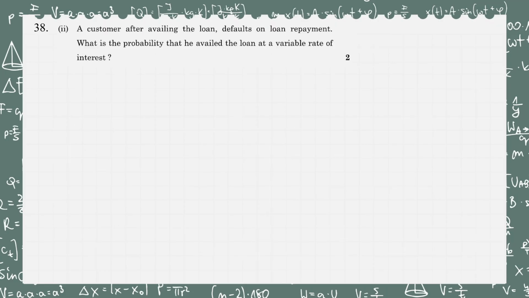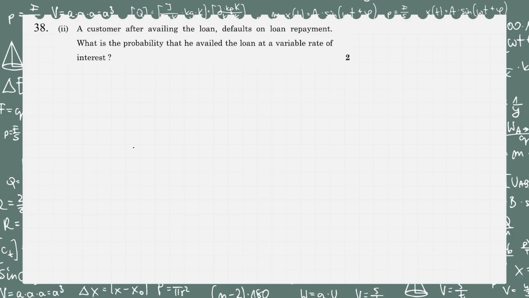Let's move on to the next sum. A customer after availing the loan defaults on loan payment. What is the probability that he availed the loan at a variable rate of interest? So this will be answered using Bayes theorem. This is the reverse probability, right? So once you know the person defaults on the loan, what would be the chance that he got the variable rate of interest?